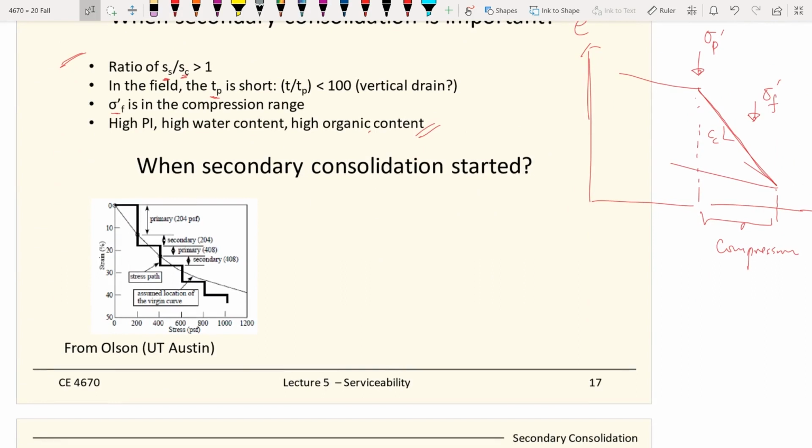There is experimental data proving that the secondary consolidation has started together with the primary. It's very complicated. It goes more into the clay science of how the soil skeleton responds. Remember, secondary consolidation means the reorganization of the soil particles. The primary consolidation means expelling the pore water.